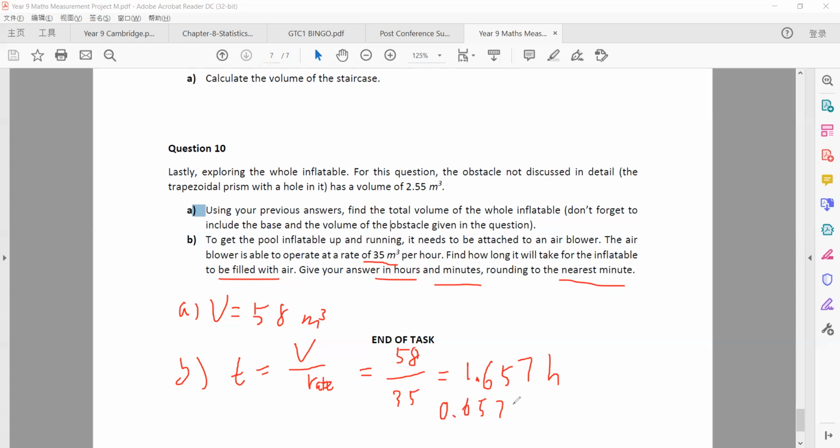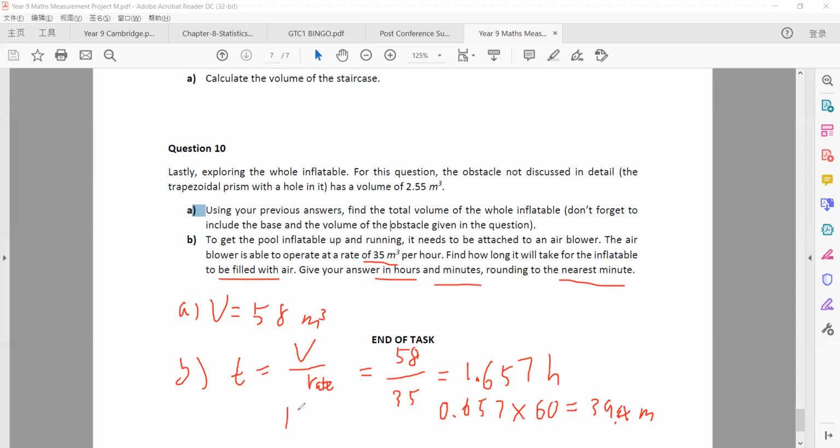So we multiply this number by 60, and that gives you the minutes, which is 39.4 minutes.